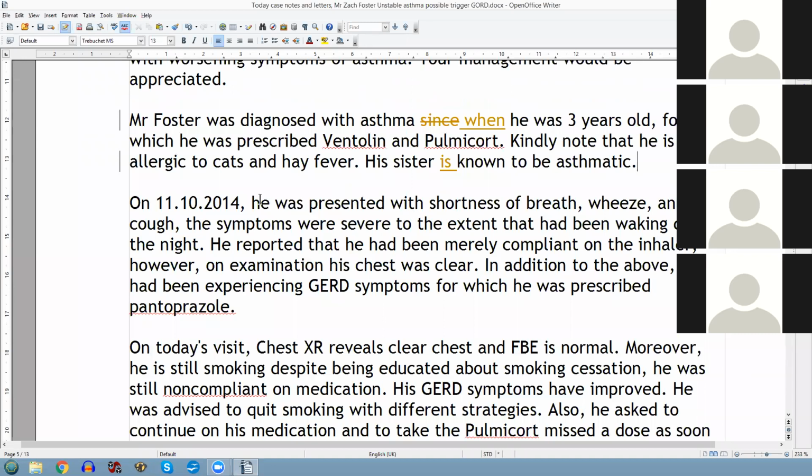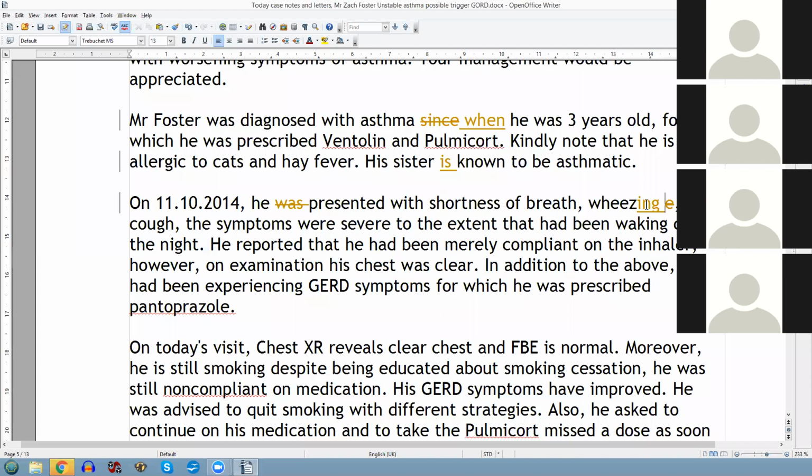He was presented. Okay. He was presented. Why is it passive? He presented. We have shortness of breath, wheeze and cough. Wheezing and coughing. Again, wheezing and coughing.